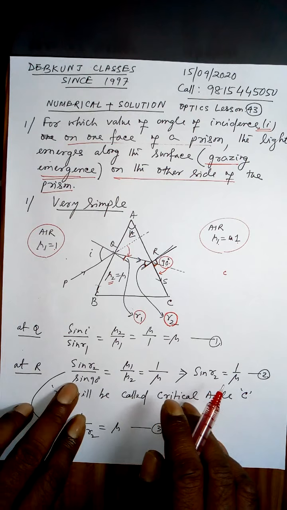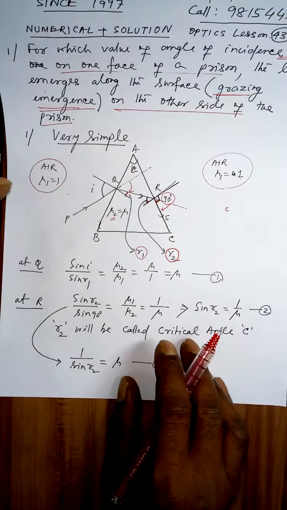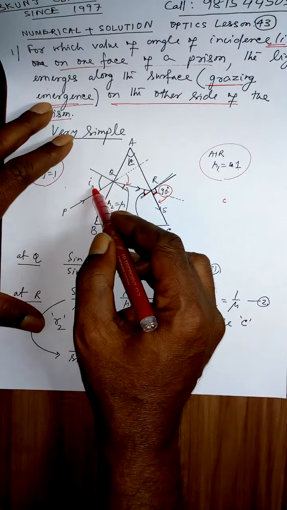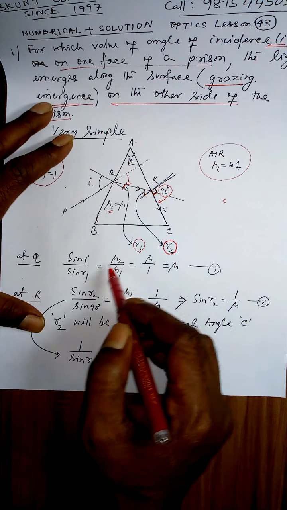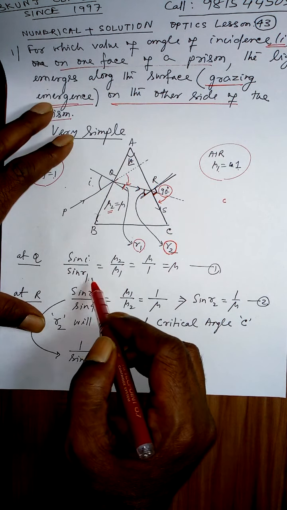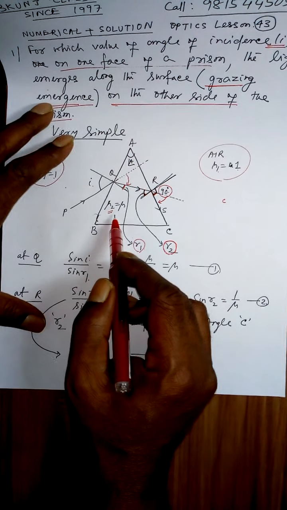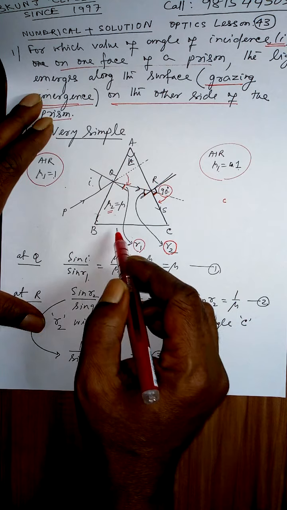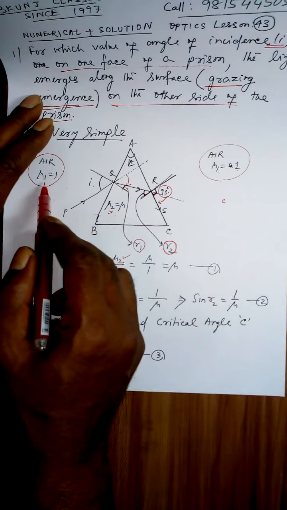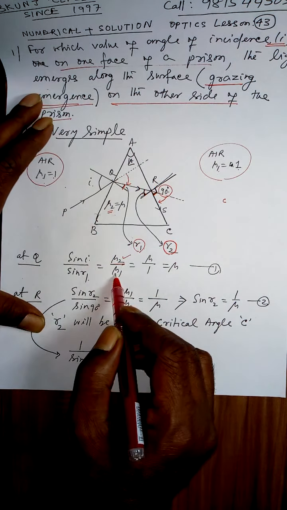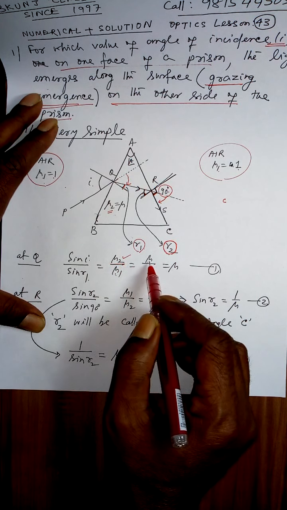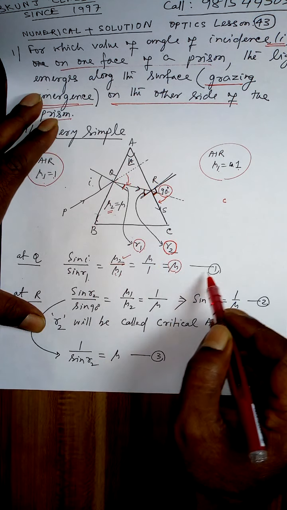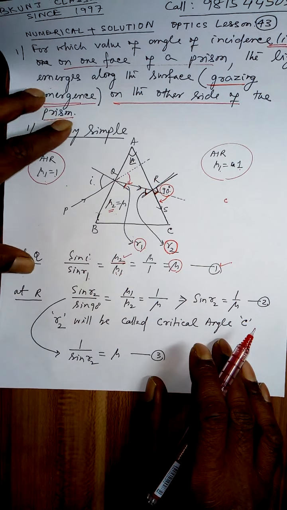Now at Q, for refraction at Q, sin I over sin R1 is equal to the refractive index of the medium to which light is entering, that is mu2, divided by the refractive index of the medium from which light is coming, mu1. Mu2 I have taken as mu, and this is 1, so this is equal to mu. Make it equation 1.